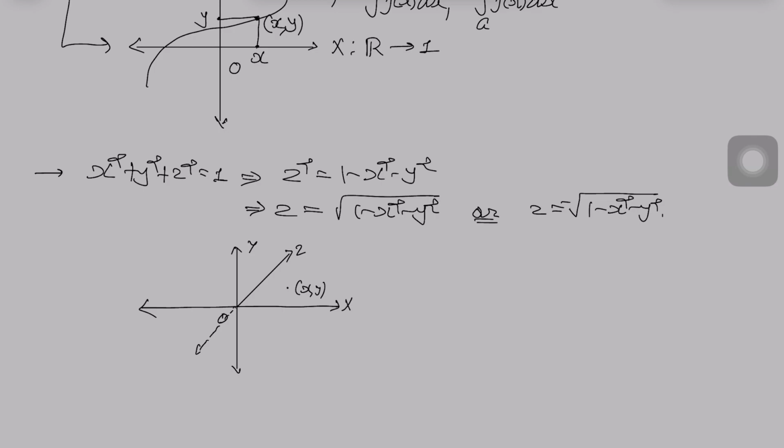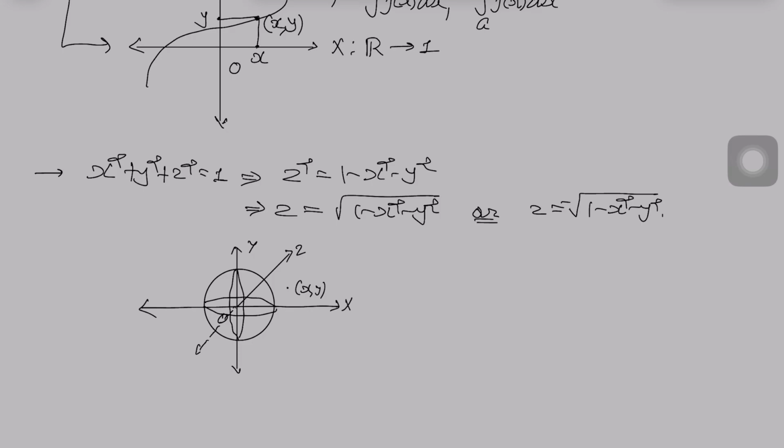And x square plus y square plus z square, you know that that is a sphere, right? So a sphere of this kind. So this is the sphere with center 0 0 and radius 1. Okay, so x square plus y square plus z square equal to 1, the sphere is a 3-dimensional structure.